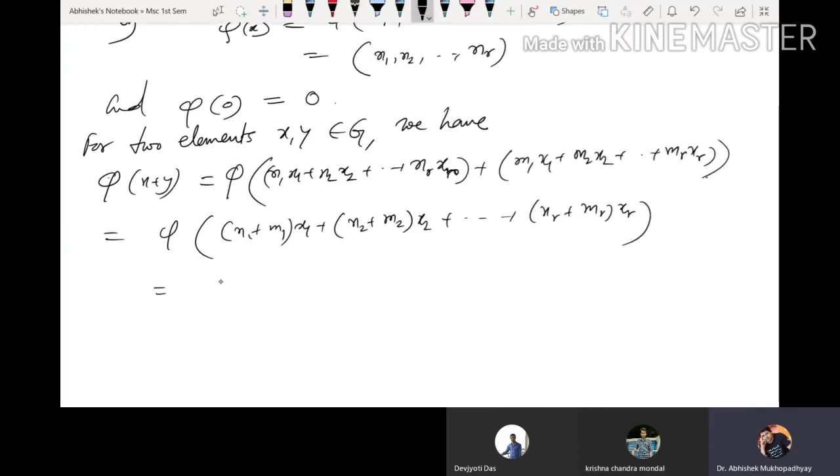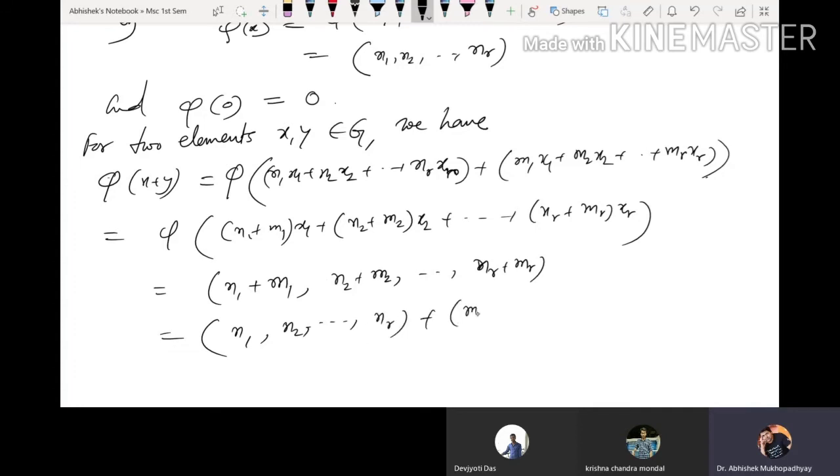So this proves that it will map to (n1 + m1, n2 + m2, ..., nr + mr). Now again, it is the addition of (n1, ..., nr) and (m1, m2, ..., mr).